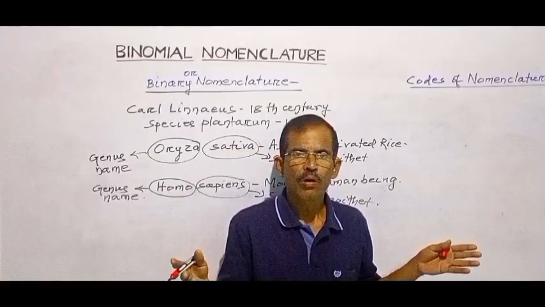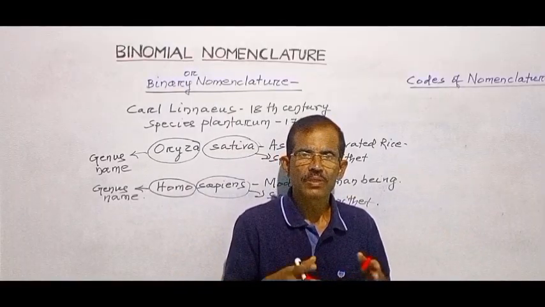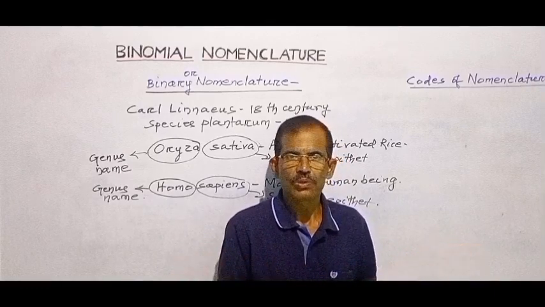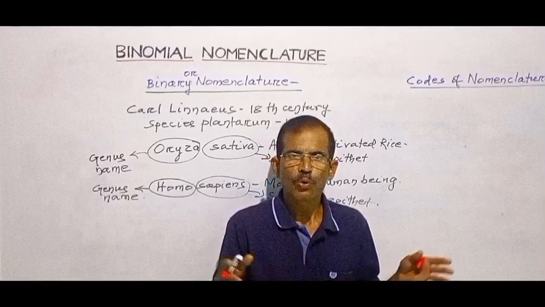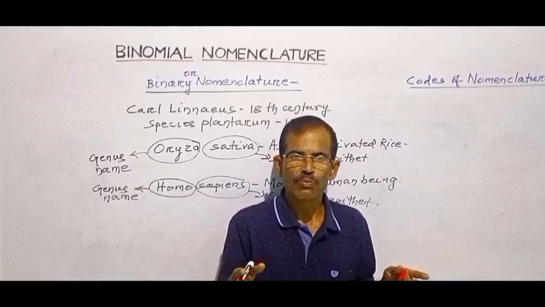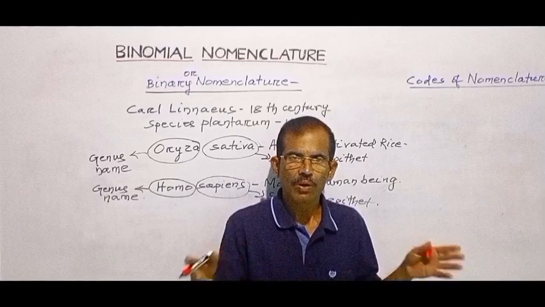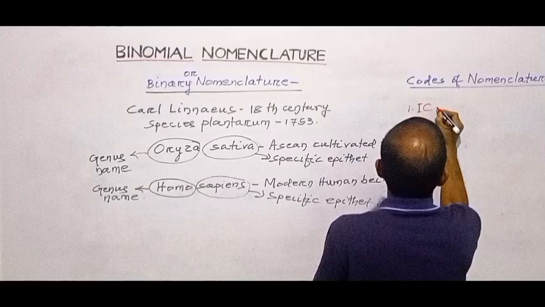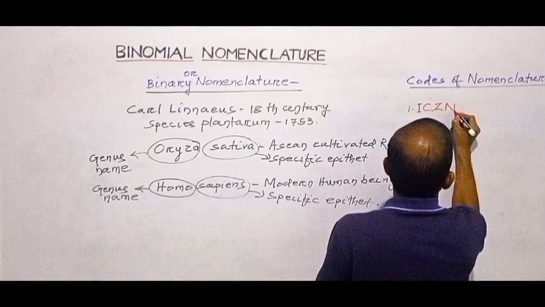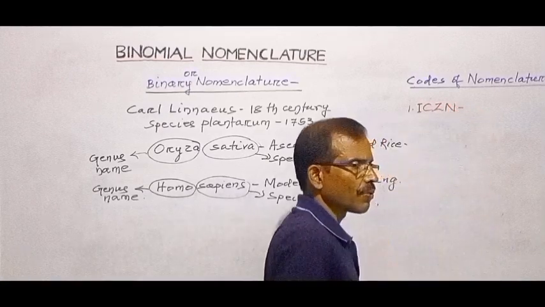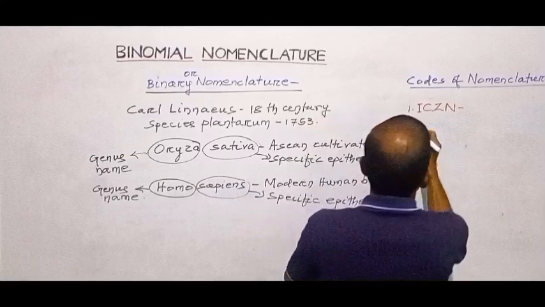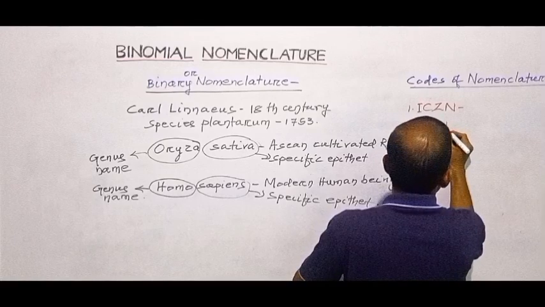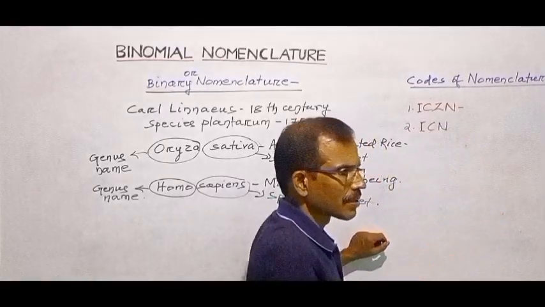The application of binomial nomenclature is now governed by various internationally agreed codes. There are 5 different codes of nomenclature that are followed for naming different living organisms. First one is the International Code of Zoological Nomenclature. This code is followed for naming animals. Number 2, International Code of Nomenclature for algae, fungi and plants.